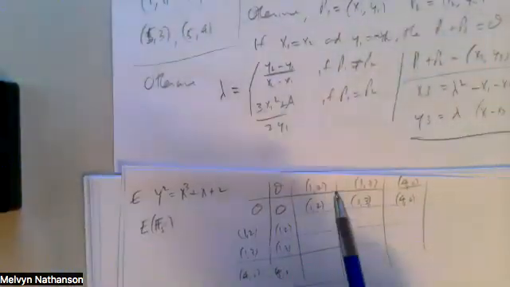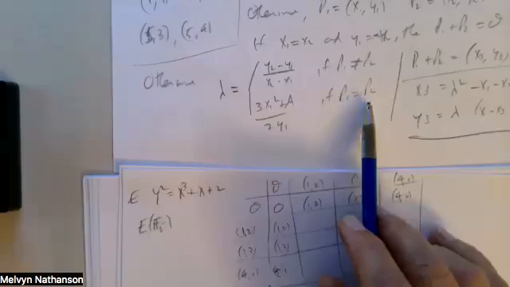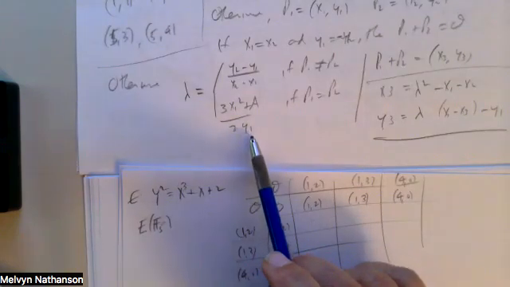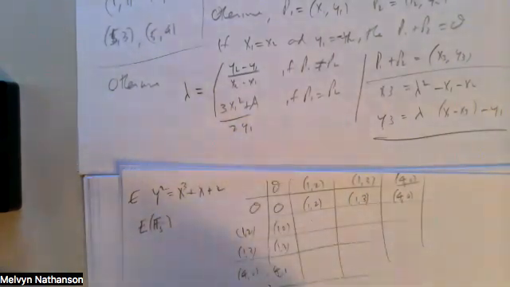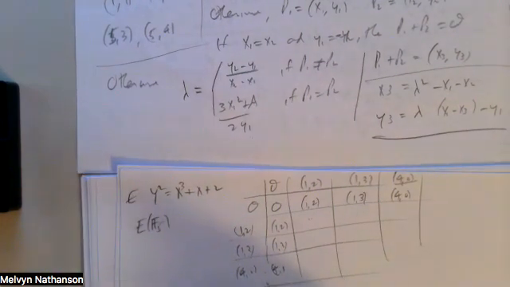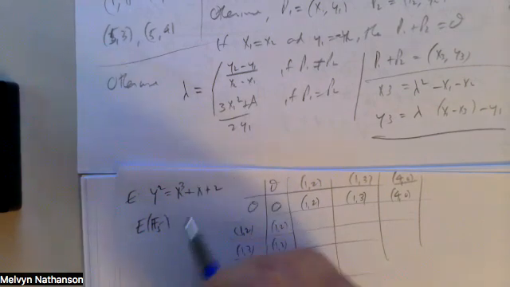Our rule said if P1 equals P2, then lambda is 3x1 squared plus a over 2y1.